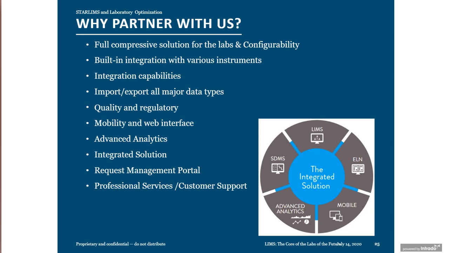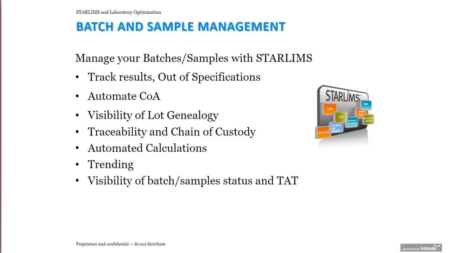We offer a full comprehensive solution that is fully configurable. And one of the main reasons industries buy a laboratory information management system is because it does what they need to do, supports their lab operations, and complies with their business needs.